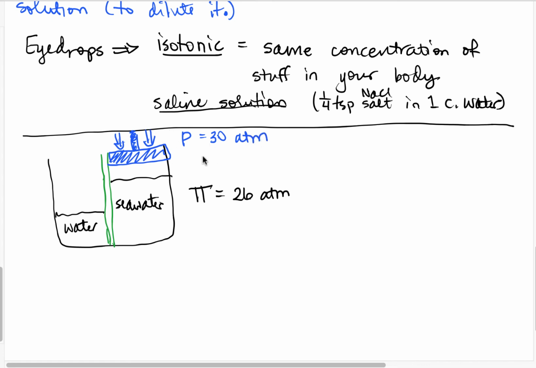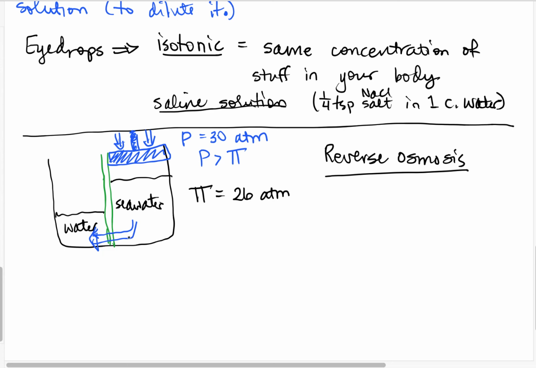This pressure is now greater than our osmotic pressure, and so it's going to force some of the pure water to go from the seawater across that semi-permeable membrane, because we're pushing on it harder than its osmotic pressure is pushing in the other direction. So this is a process called reverse osmosis. And it's reverse because we're making the water go in the opposite direction that osmotic pressure would normally have it go. Reverse osmosis can be used to purify water.